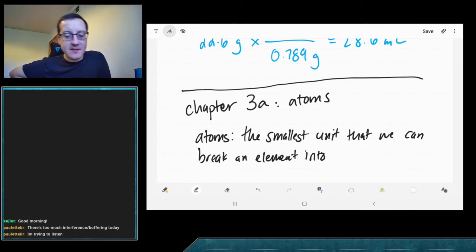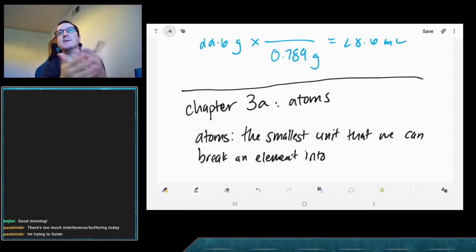All the atoms are the same. If we just keep chopping that copper up, and somehow we were able to keep chopping it, we would be able to reduce it to a single copper atom. However, we would not very easily be able to break that apart any further. So atoms are the smallest chunk you can possibly make of a substance.